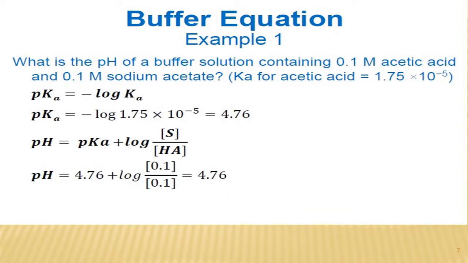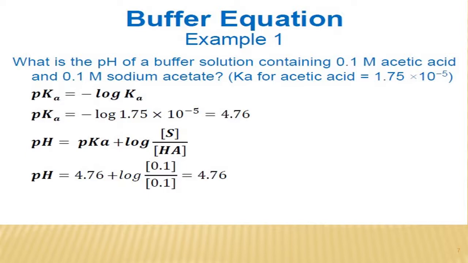Example, what is the pH of a buffer solution containing 0.1 molar acetic acid and 0.1 molar sodium acetate? The Ka for acetic acid we have 1.75 multiplied by 10 to the power minus 5. So we have pKa equal to minus logarithm Ka, the pKa will be equal to 4.76.